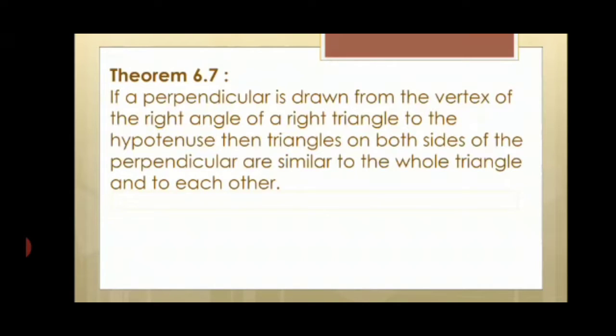Now this leads to a very important result, theorem 6.7, which states that if a perpendicular is drawn from the vertex of the right angle of a right triangle to the hypotenuse, then the triangles on both sides of the perpendicular are similar to the whole triangle and to each other, right?